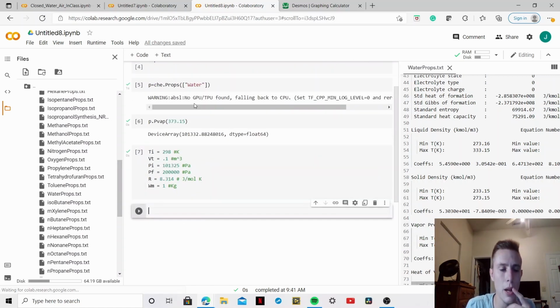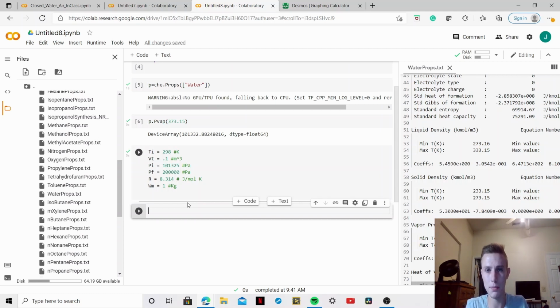All right, so we can bring in a line of code. Now I'll also demonstrate another property we can bring up about water. We can look at the density of water, which we're going to need to solve for the number of moles of air in the initial equation, in order to bring that over and plug that into our final pressure system at the final value of pressure and solve for the final temperature.